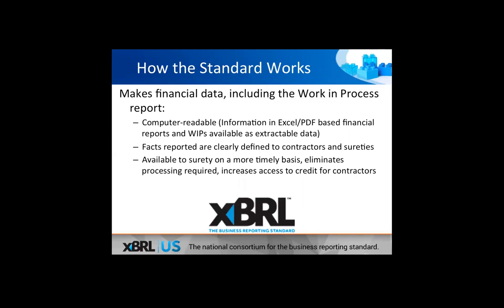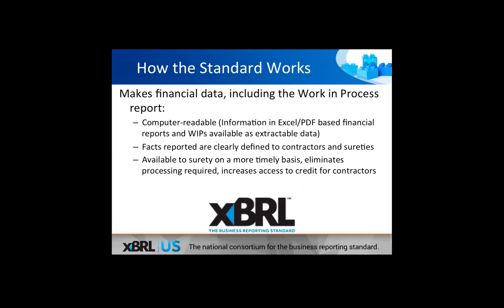So what XBRL does is it makes financial data, including the work in process report, computer readable. It takes data that previously had been in Excel or PDF and makes it understandable to a computer. The facts that are reported are clearly defined to the contractors, to the CPA firms, to the sureties, maybe ultimately to the banks that receive this information.